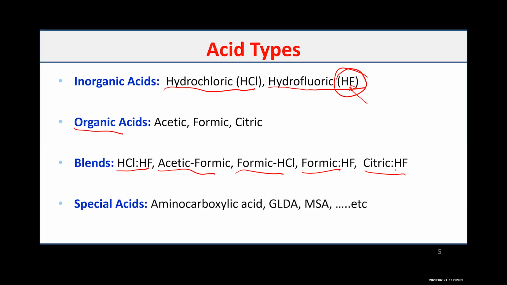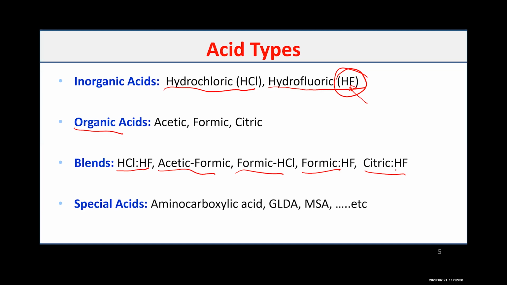Then the last category we have is what we call special acids, which we use only for special situations. Like when you have an extremely high temperature reservoir, or you are in a remote area where you cannot pump HCl or HF. In this case, you are going for a special acid. The cost of this acid is extremely high, and usage is limited.